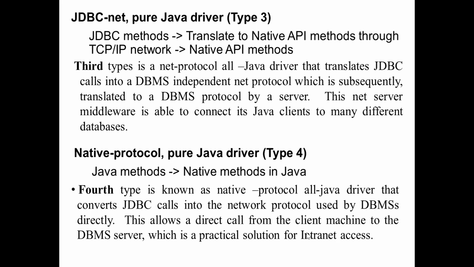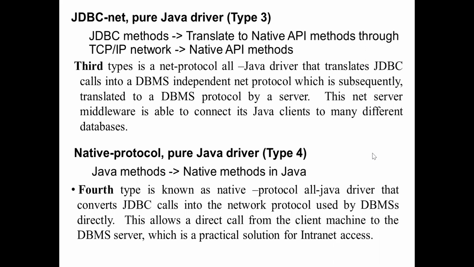And Type 4 is the native protocol, where we go directly to a pure Java driver. So this fourth type we call the native protocol. Here the Java driver converts JDBC calls into the network protocol used by the database management system directly.